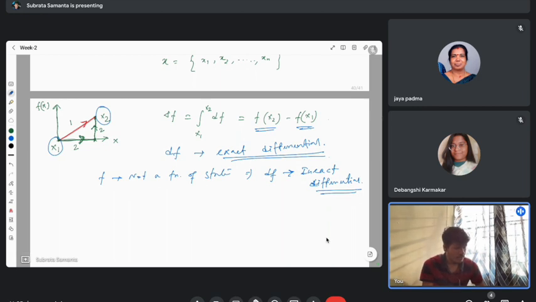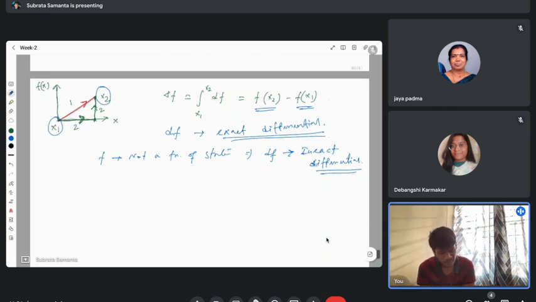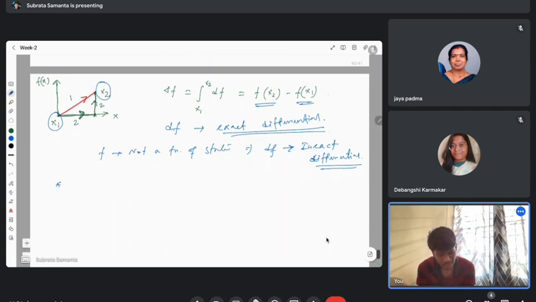Okay, so let's do one example. Suppose the function is f equals x y. This is just mathematics, and then we can write down df.